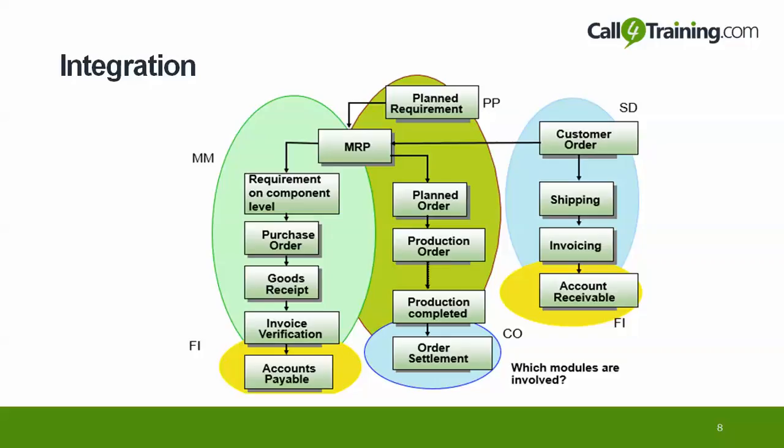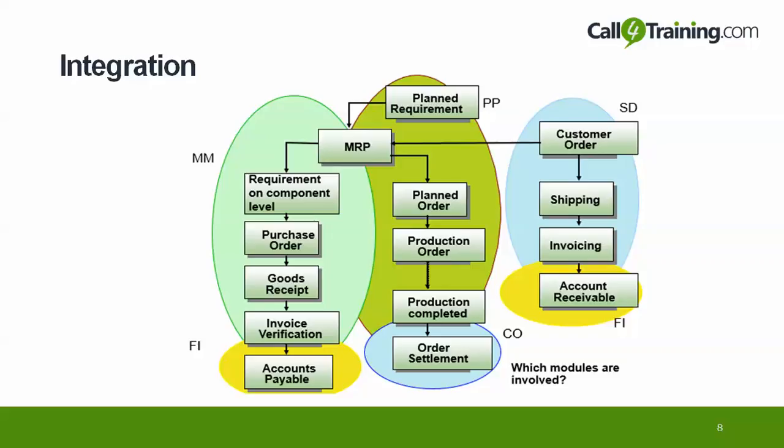Once we procure a material, that is going to lead to a purchase order that would form a goods receipt, an invoice verification, and of course accounts. The moment it comes to accounts and money, it becomes FI. So we see in this little step that I spoke of, we have already crossed 3 modules. So they are very closely related.